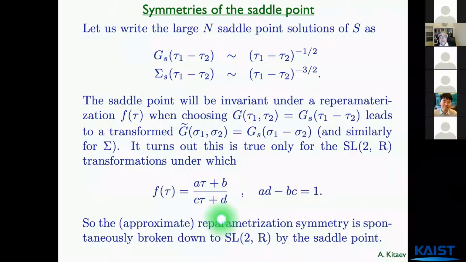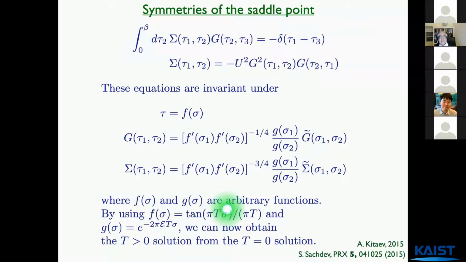Okay. Now, you could say this is a system where you've broken reparameterizations down to SL(2,R), but that's not, again, a totally precise statement, because the theory doesn't really have reparameterization symmetry, and the action doesn't, as I'll show you in a minute.